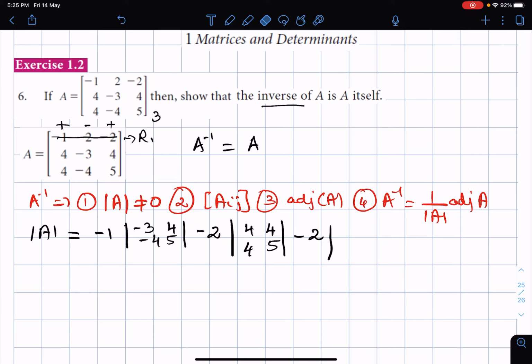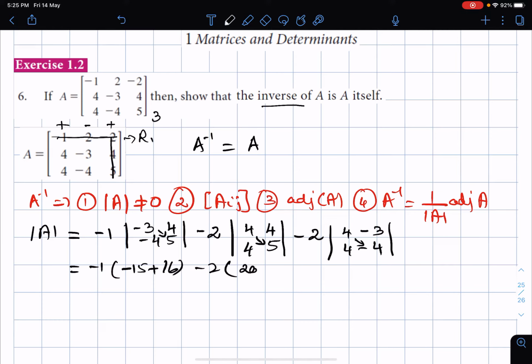first row and the last element, so last column you are going to delete, and your determinant is 4, minus 3, 4, minus 4. So expanding this, multiplying diagonally for each determinant, you get minus 1 into minus 15 plus 16, minus 2 into 20 minus 16, and minus 2 into minus 16, minus into minus, plus 12.